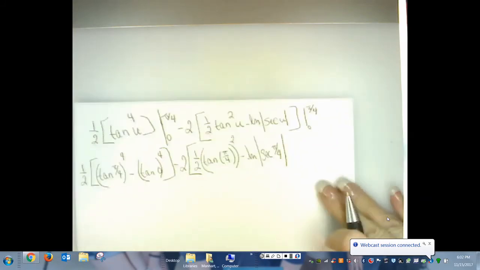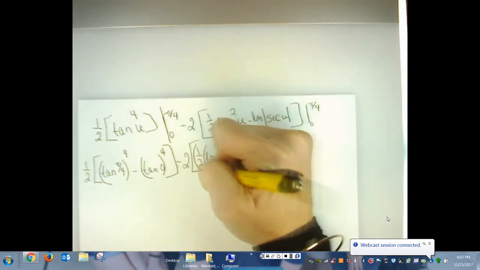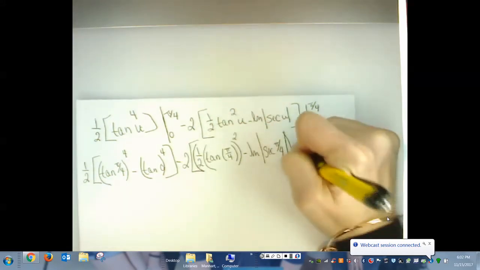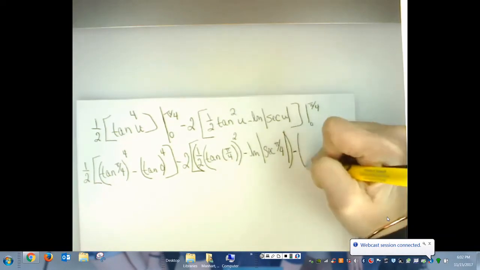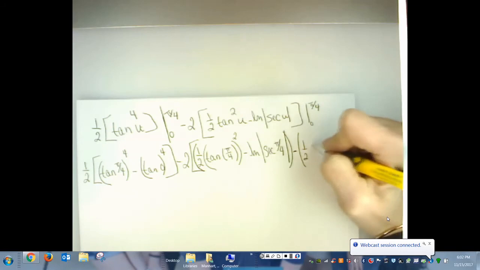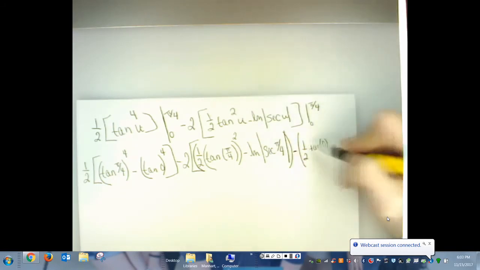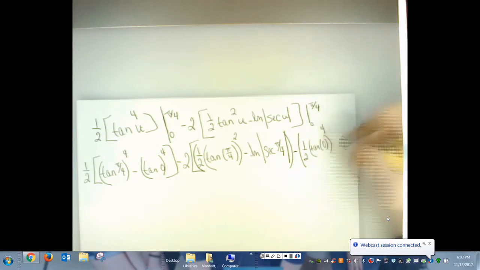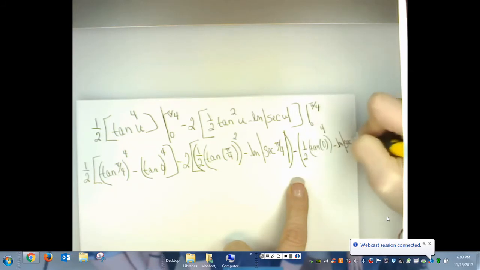Okay, interesting. Then I have to substitute in 0. So I am going to put parentheses, parentheses, minus, and pray that I can squeeze this in here, minus 1/2 tangent of 0 to the 4th power minus natural log absolute value of secant 0.